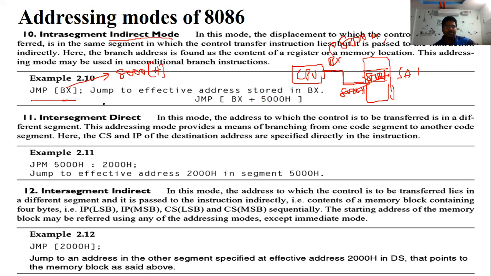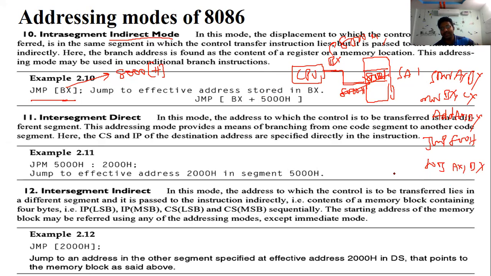What is the meaning of a jump instruction? For suppose MOV AX, BX, then MOV BX, CX, then ADD AX, BX, then JMP with some address 8000h, and then SUB AX, BX.